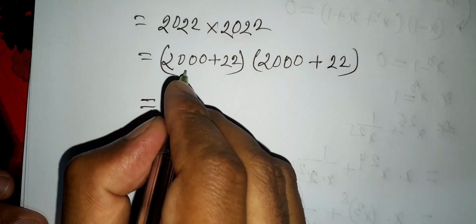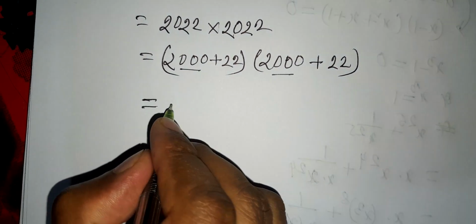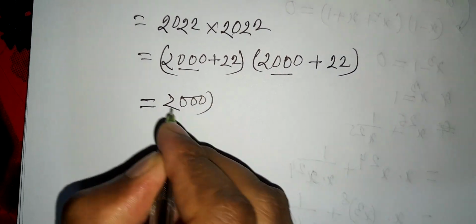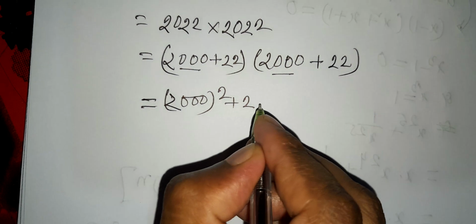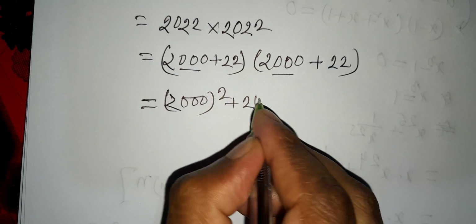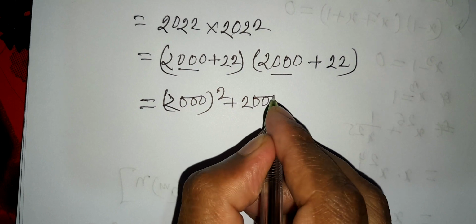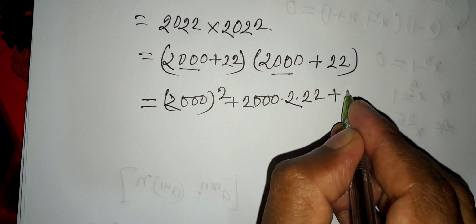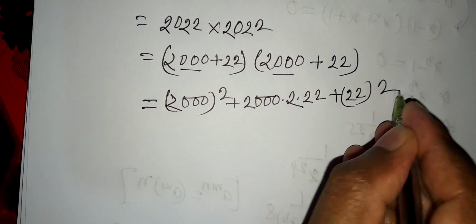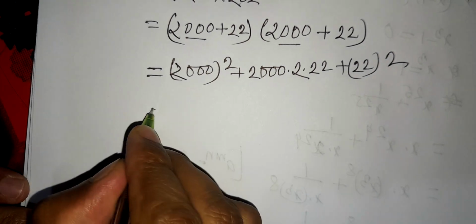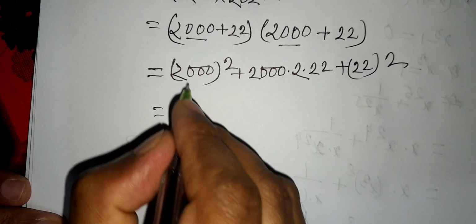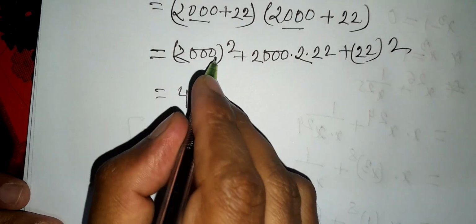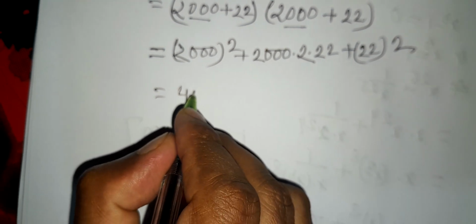Multiplying this, we get 2000 square plus 2 into 2000 into 22 plus 22 square.